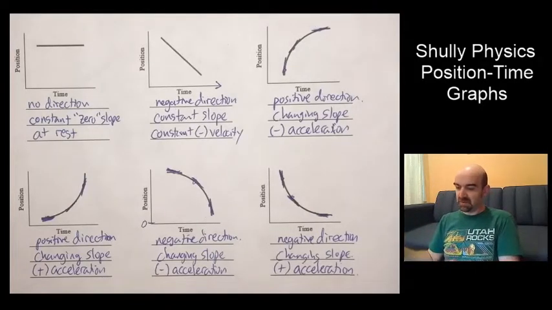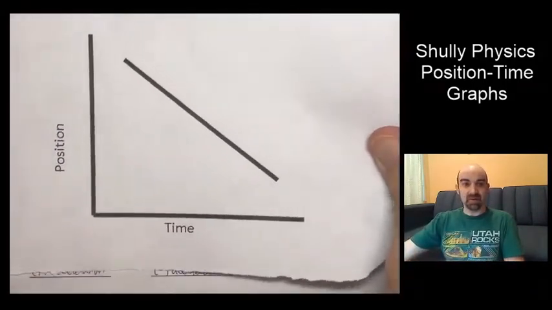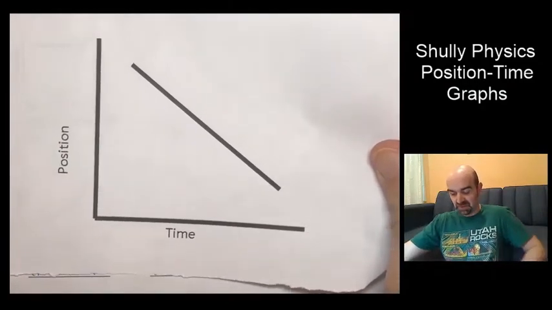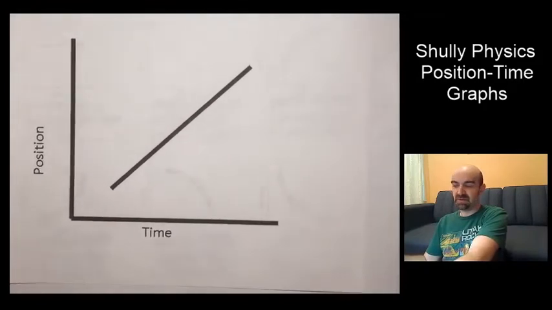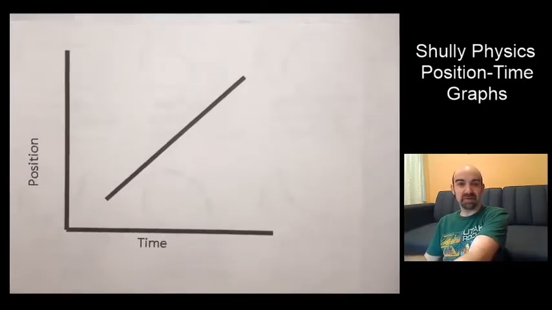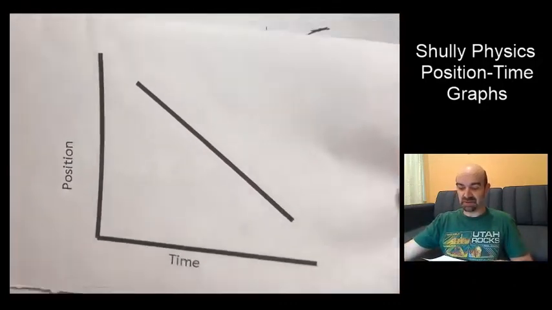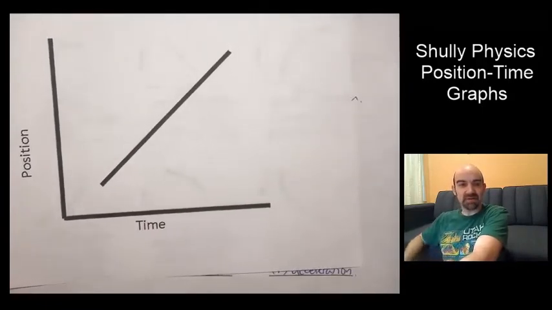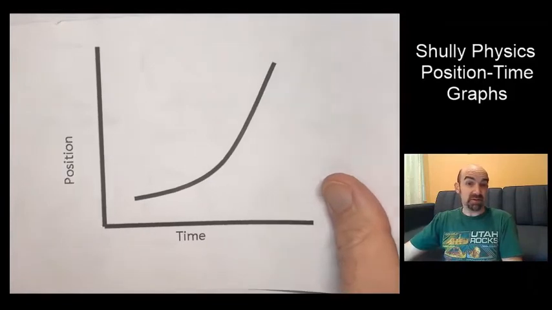So here we're going to run through these one more time. We have at rest, negative constant motion, positive constant motion. To be more specific, this is a positive constant velocity, negative constant velocity, positive constant velocity, positive acceleration.